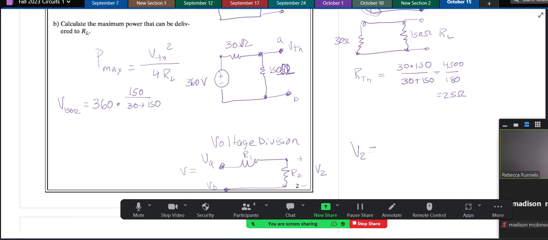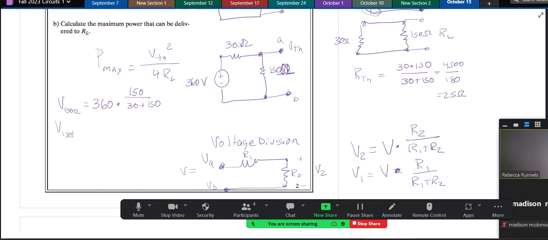So V2 would equal my total voltage times the resistance of R2 over the sum of the two resistors. And that would tell me the voltage change across this resistor. If I wanted to know what V1 was, V1 would be my total voltage times R1 over R1 plus R2. And that gets you the voltage change. It does not get you what the absolute voltage is, it just gets you the voltage change.